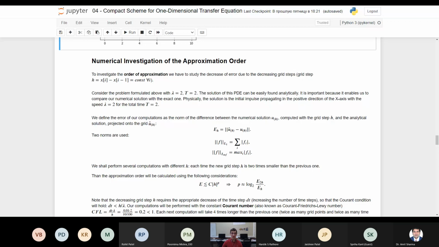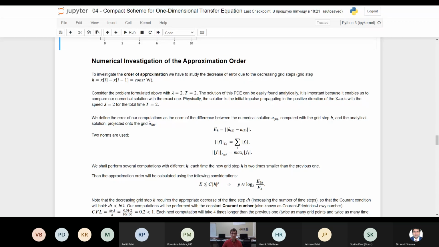When we want to investigate the order of approximation or convergence in this case, basically we study how decreasing grid step sizes influence the solution. We expect that when the grid step h and time step dt are smaller, the error will also be smaller. But the question is, how much smaller will it actually become?